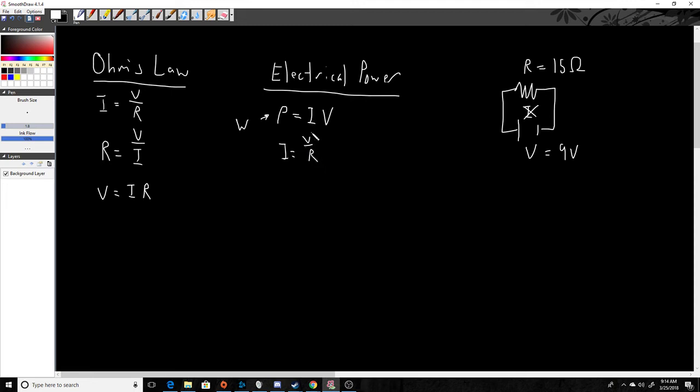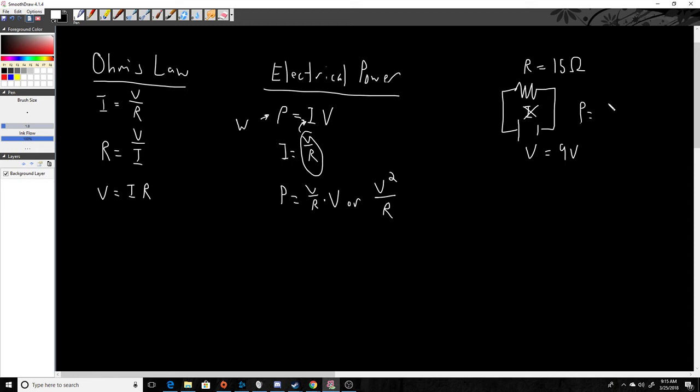So I can plug all of this in for I. That's just basic algebra substitution. So now I can rewrite my power equation as V over R times V, or a better way to say that is V squared over R. So I take V squared, 9 squared, 81.